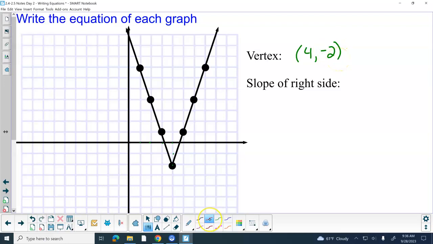Slope of your right side should have been rise 3, run of 1. So that is a slope of 3, which would give you then y equals 3 times the absolute value of x minus 4, then minus 2. That should have been your equation.